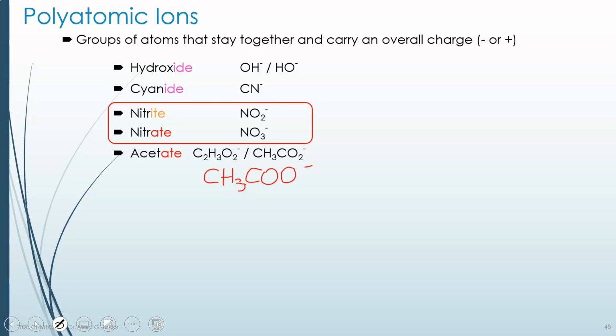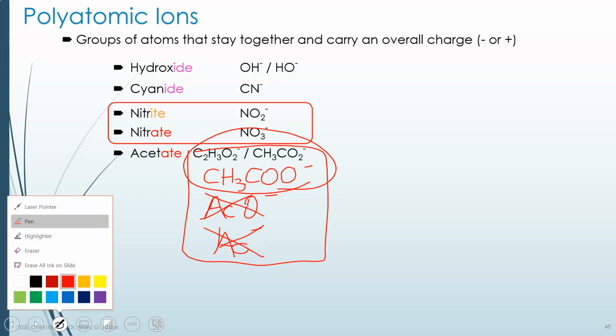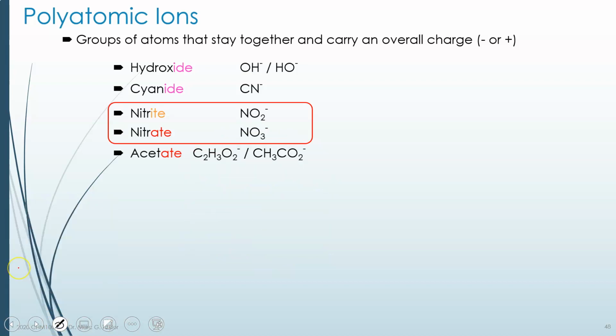Sometimes in more advanced chemistry books, you'll see it written as AcO minus, and sometimes just as Ac with the minus. These all mean the same thing. I will not use these in class, but you will see these occasionally, so you should be familiar with those. Acetate is a polyatomic ion with a single negative charge.